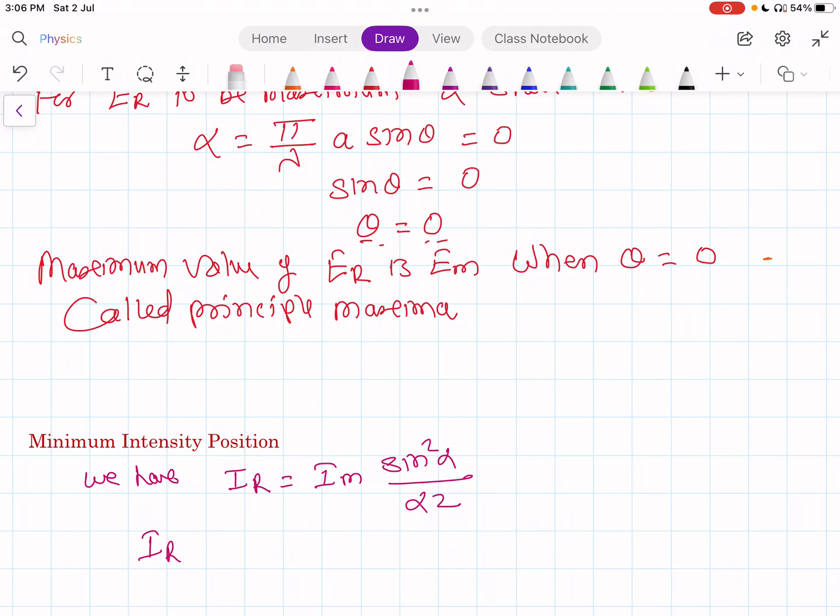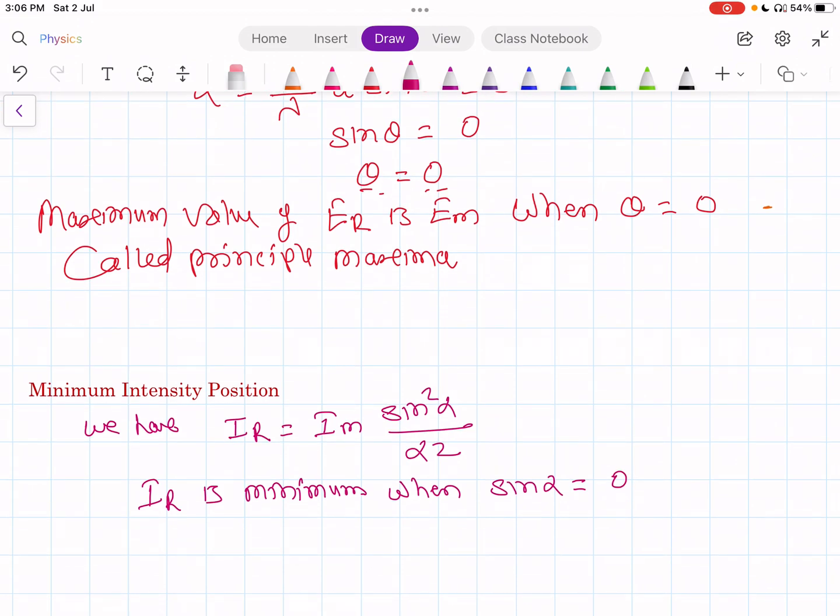So we get Ir is minimum when sine alpha is equals to 0. So sine alpha should be 0 to get the minimum resultant intensity.